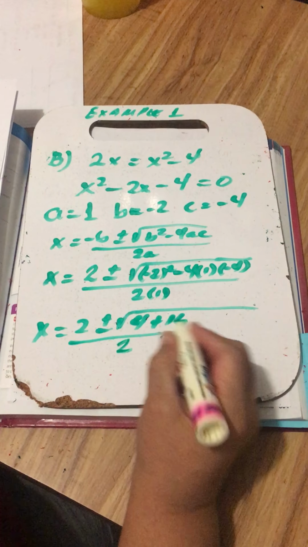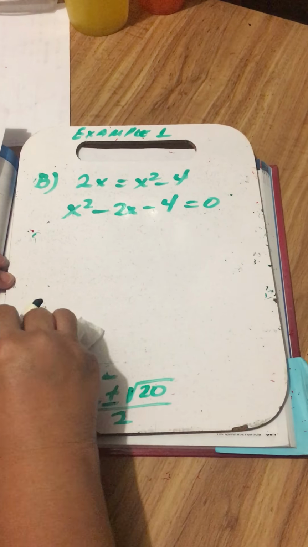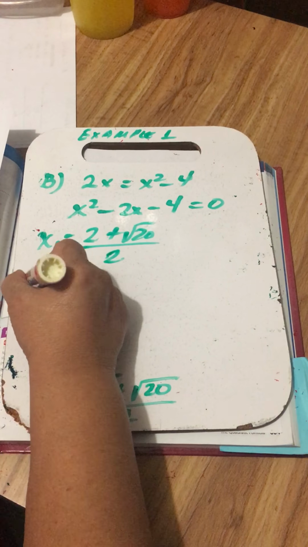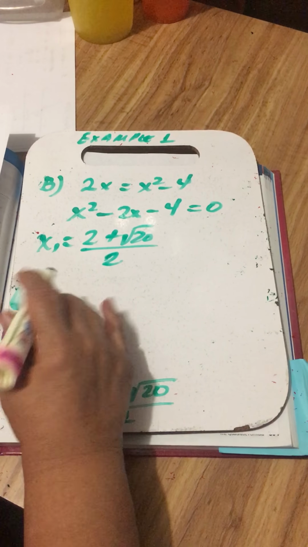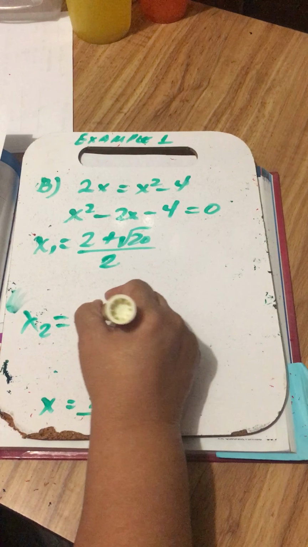Then I obtain the two answers, the positive and the negative. The first, I put x1 equals 2 plus the root of 20 divided by 2, and x2 equals 2 minus the root of 20 divided by 2.